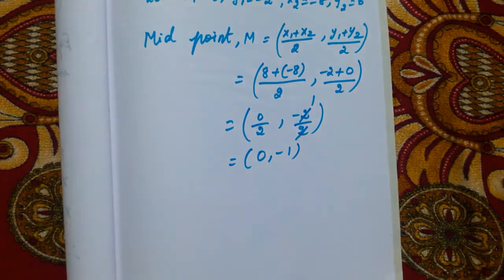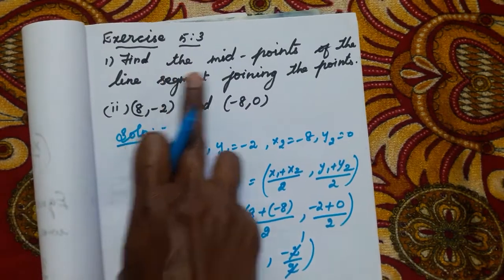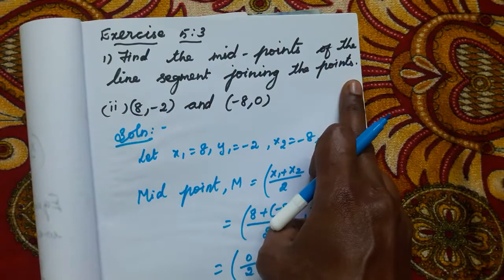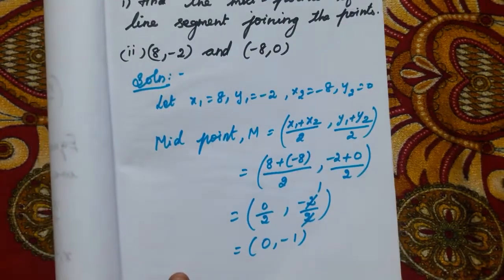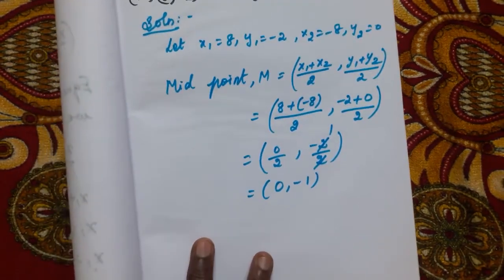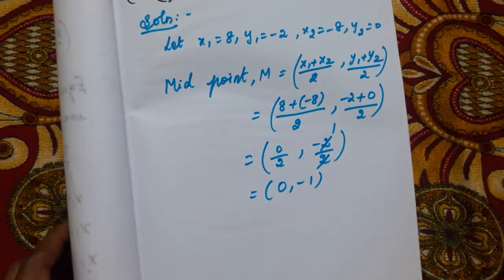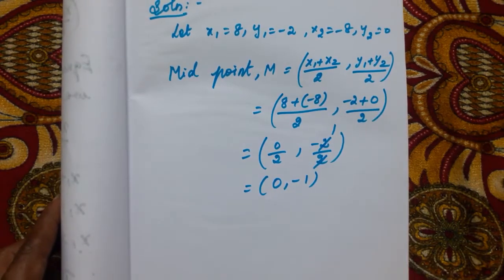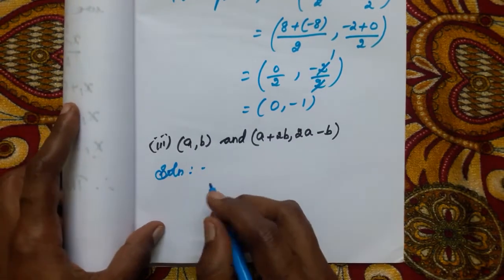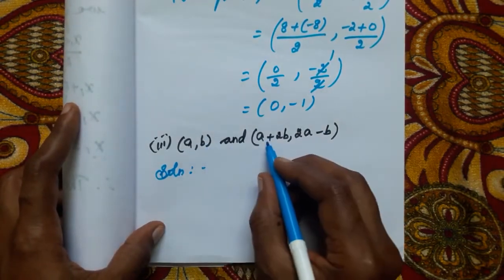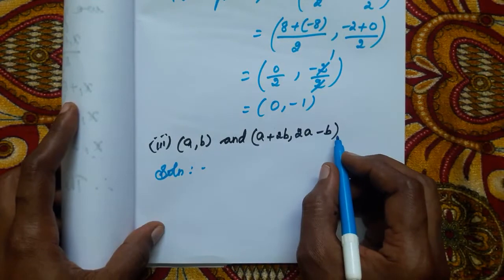Then the third problem. Now, I am going to explain the third problem. Find the midpoint of the line segment joining the points a, b and a plus 2b, 2a minus b. Listen here, the third problem: a, b and a plus 2b, 2a minus b.